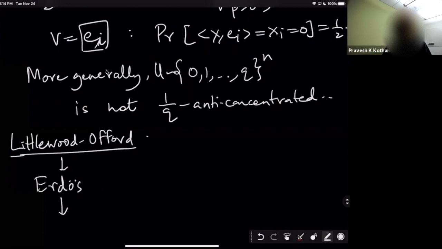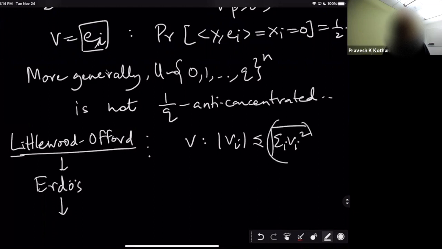And in particular, as you can imagine, if I take a vector v which satisfies the following property, that any coordinate is, let's say, at most a beta fraction of its L2 norm, so no one coordinate dominates, then it is, I forget the constant, but it is like omega beta anti-concentrated.